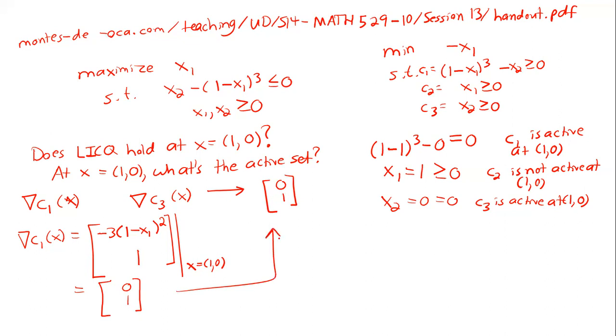Oh, look at that. These are not linearly independent. So the LICQ does not hold at (1, 0).